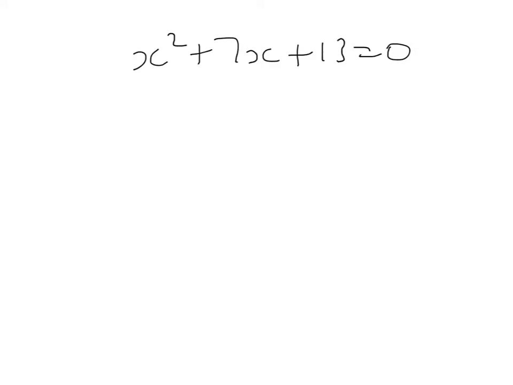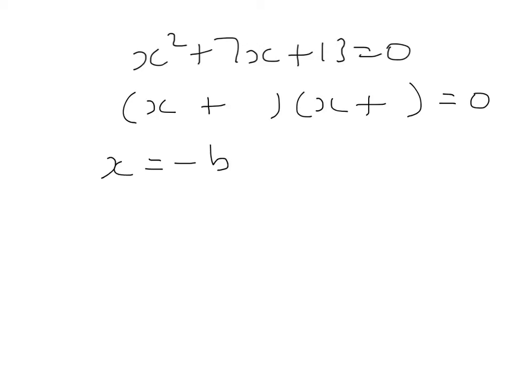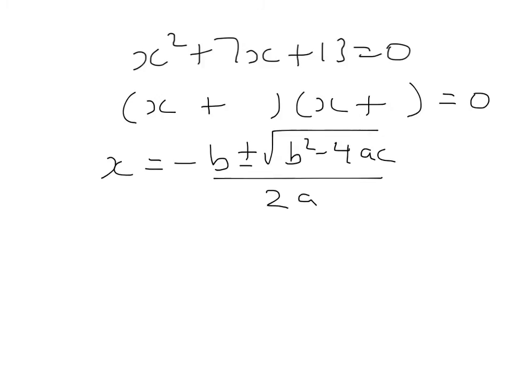Here's a quadratic equation that's similar to my favourite, but it doesn't factorise. So what we need to do is to use the formula, which is x equals minus b plus or minus the square root of b squared minus 4ac all over 2a. In this case a equals 1, b equals 7, c equals 13.